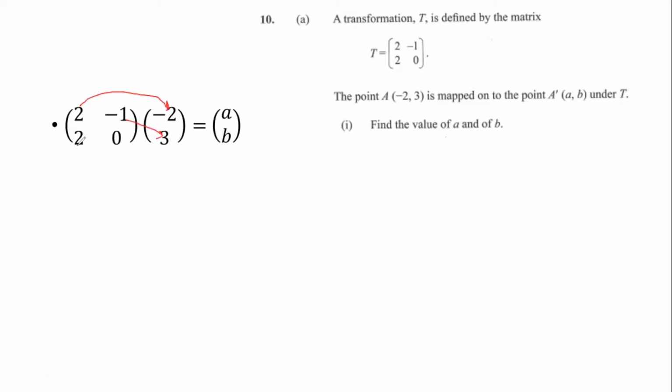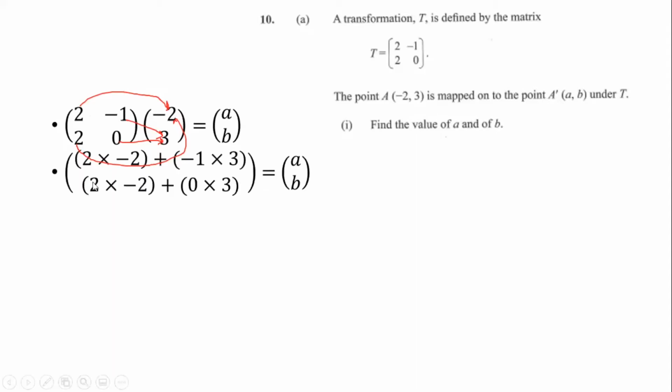And then we'll have 2 multiplied by negative 2, and then 0 multiplied by 3. That's how we get 2 multiplied by negative 2 plus negative 1 multiplied by 3, and 2 multiplied by negative 2 plus 0 multiplied by 3, to give us (a, b).